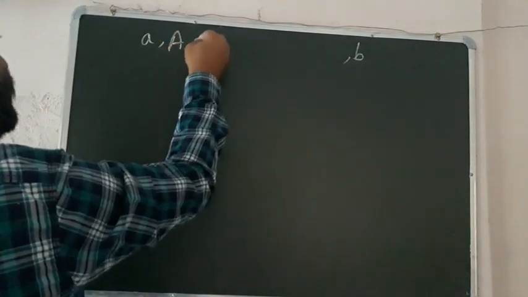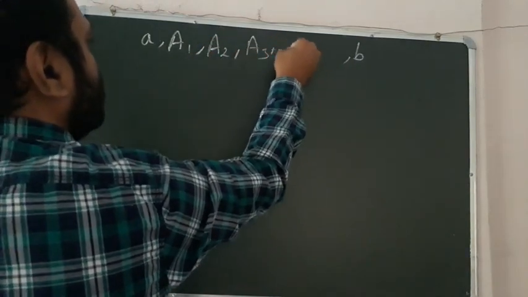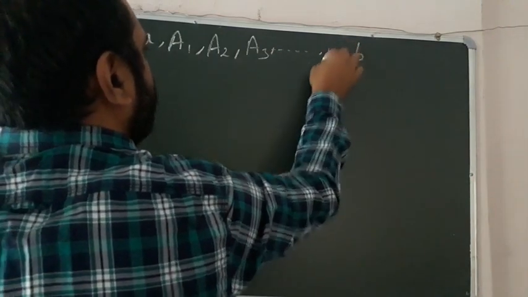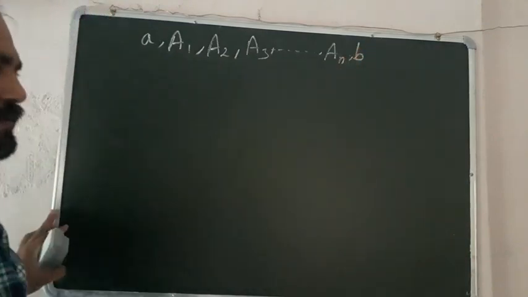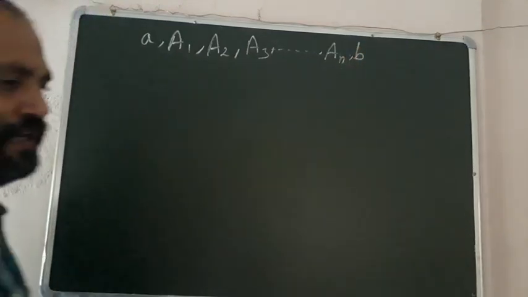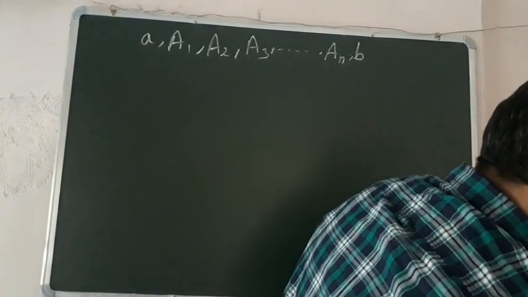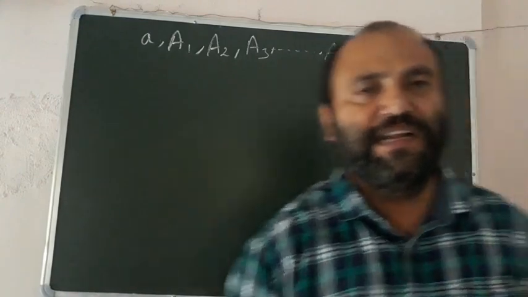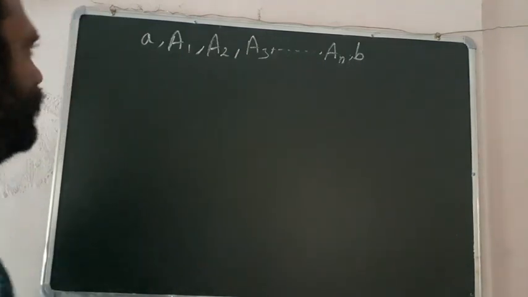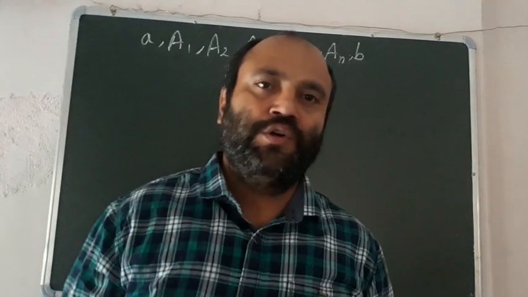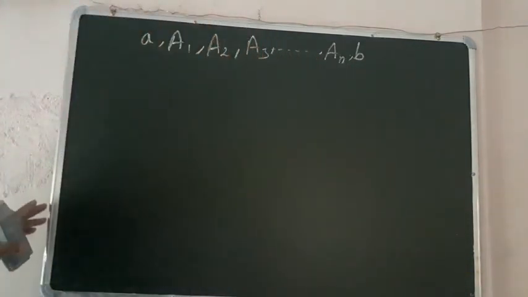Let A1 be the first arithmetic mean, A2 the second, A3 and so on up to An. When you insert one arithmetic mean, you simply take the average. When you insert two or more arithmetic means between two numbers, the procedure is like this.